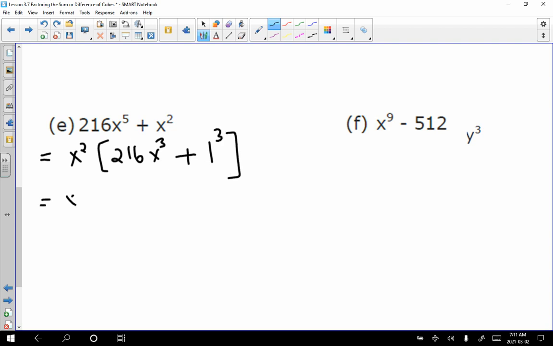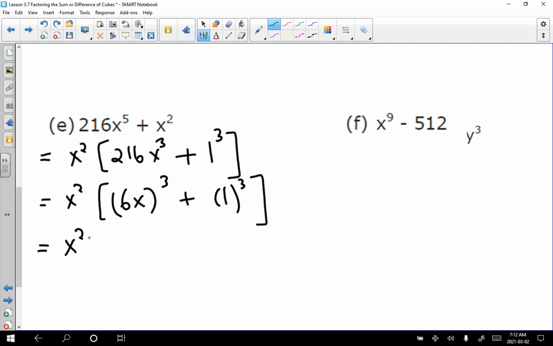You can rewrite this as 216, it's a cube of 6. If you're not sure, you can take your calculator and do cube root of 216, or try 216 to the power of 1/3, and you'll get 6. Okay, so it's basically the cube of 6x plus the cube of 1. So that's your a, that's your b.